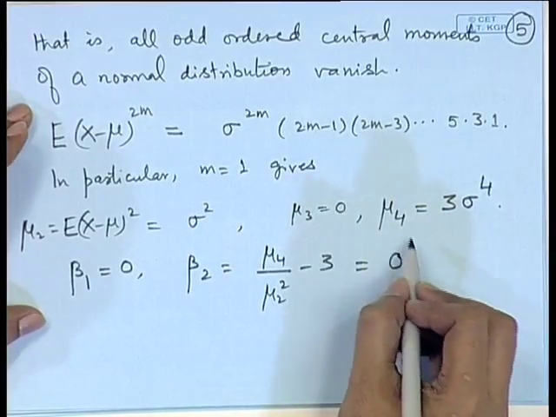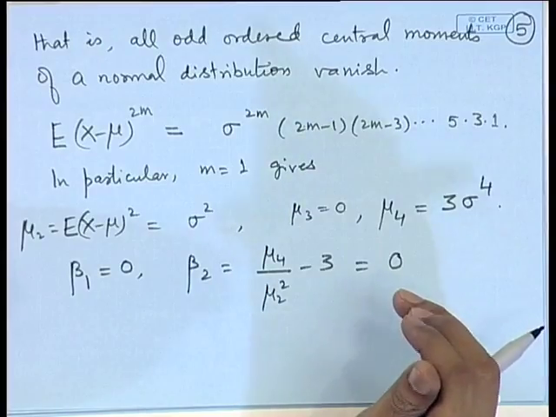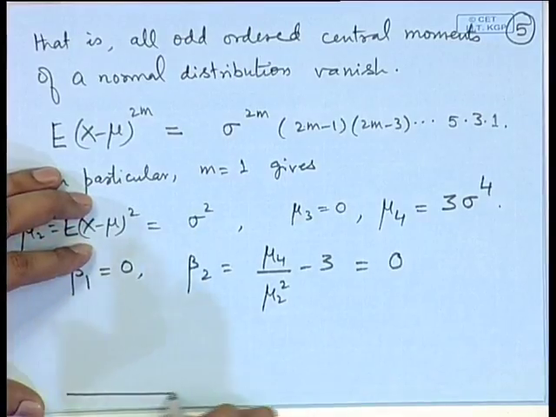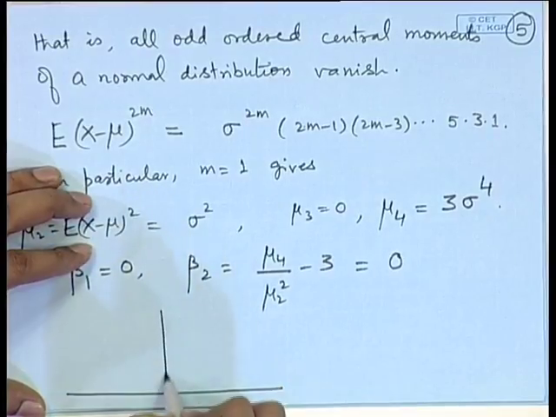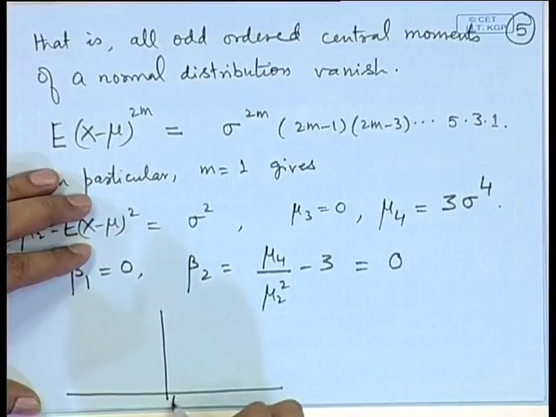That means the peak of the normal distribution is a normal peak. So, when we introduced the measure of kurtosis or the concept of peakedness, we said that it has to be compared with the peak of the normal distribution, or a normal peak. So, basically the peak of the normal distribution is considered as a control or a standard. If we look at the shape of the normal distribution, it is perfectly symmetric around mu.